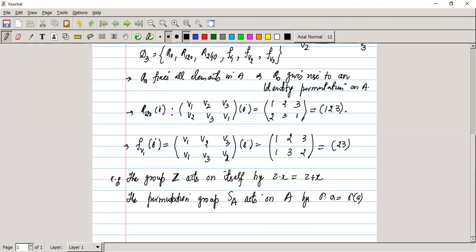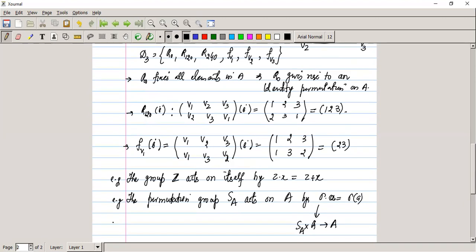So this is the mapping that we will define from S_A cross A into A. So this sigma is a mapping from S_A cross A into A, defined this way: sigma·a is equal to sigma of a. Then this mapping will define a group action of the symmetric group S_A on the set A. So therefore the symmetric group S_A acts on the set A.